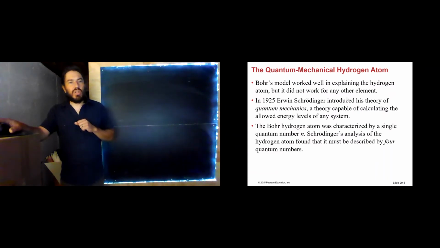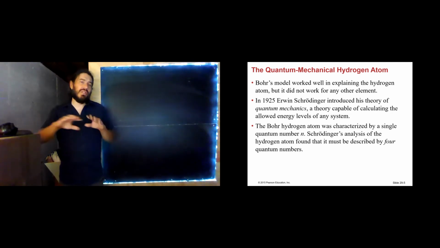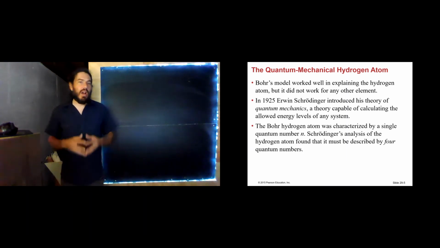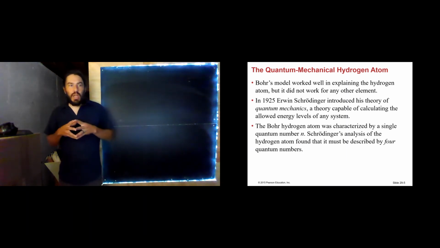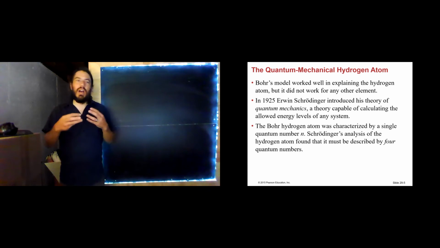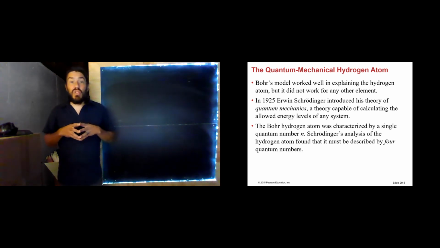It did not work super well for any other element. Fast forward a decade or so, Erwin Schrödinger introduces his theory of quantum mechanics, which is sort of a complete theory of this subatomic world, including this idea of the wave-like nature of particles. Now the Bohr model was characterized by the single number n.